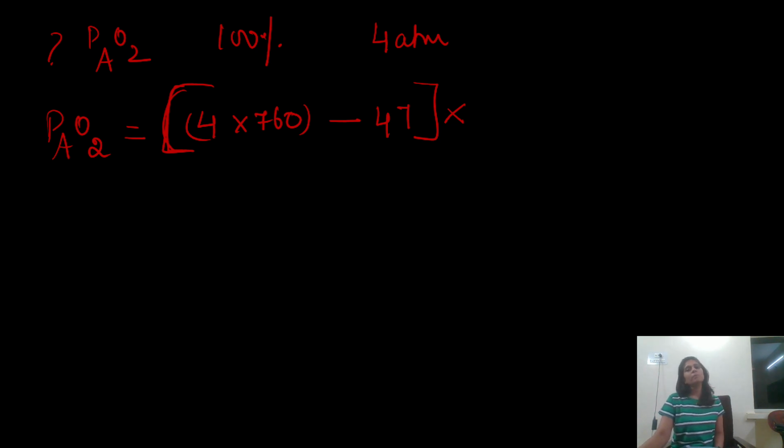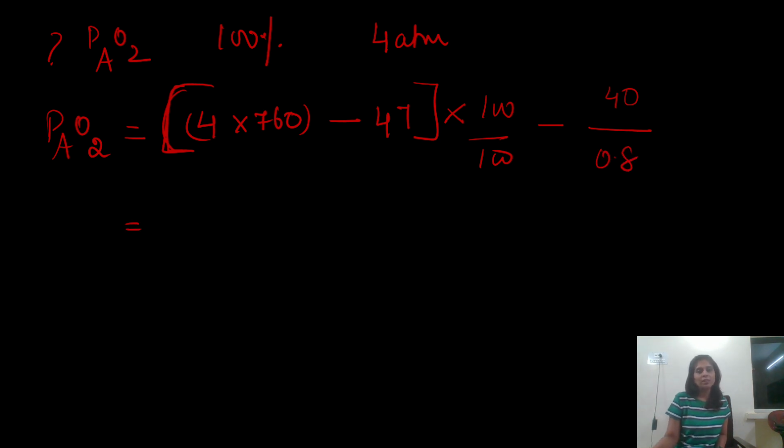Usually it is 21% oxygen that is inhaled, but here it's 100% oxygen, so 100 by 100 is 1. Minus the alveolar partial pressure of carbon dioxide. I said if it's not provided, you take it as 40, divided by the respiratory quotient, which is 0.8.